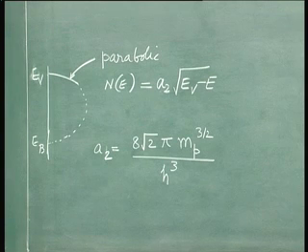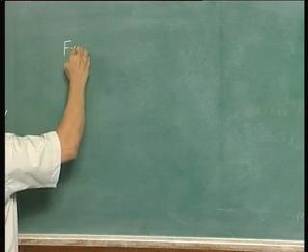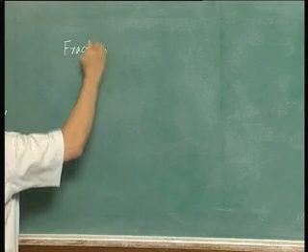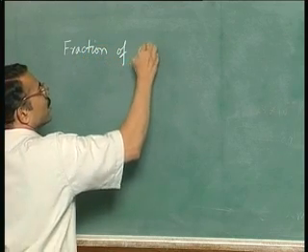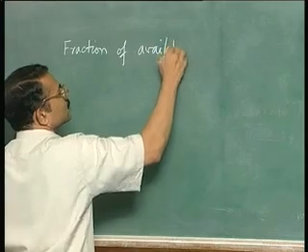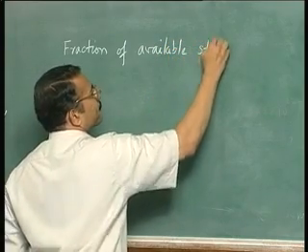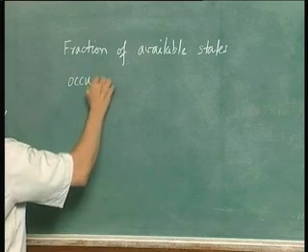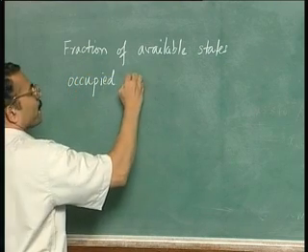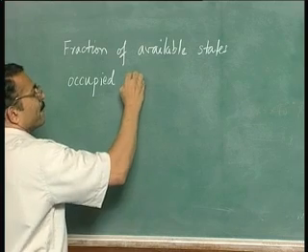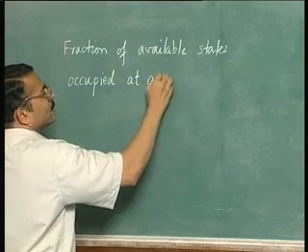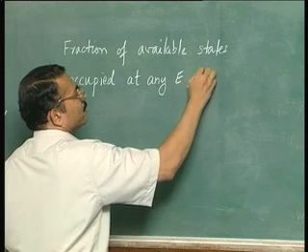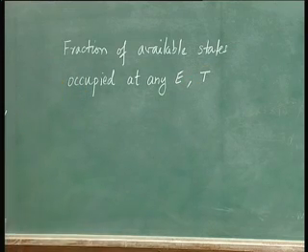So now we come to the third tenet, that is, the fraction of available states occupied at any energy and temperature.